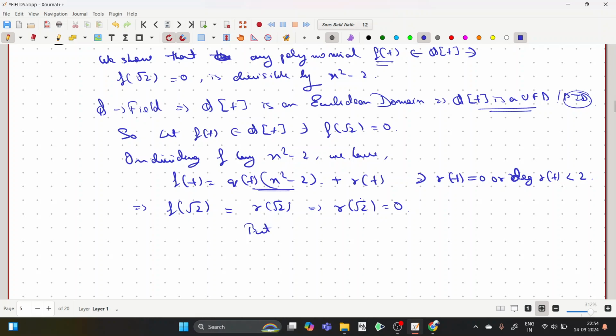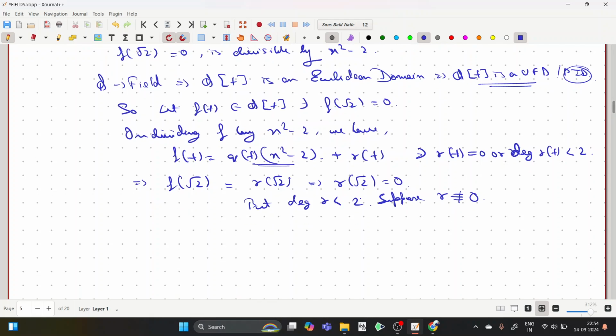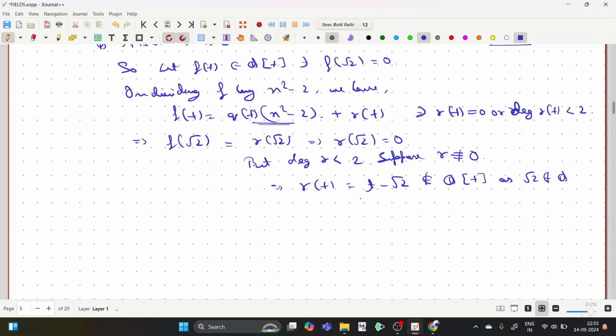But the degree of r is less than 2. Suppose r is not identically 0, then r is a degree 1 polynomial. This implies that r(t) must be of the form t minus root 2, but this is no more a polynomial over Q, as root 2 is not an element of Q. Therefore, you can claim that r cannot be a degree 1 polynomial.